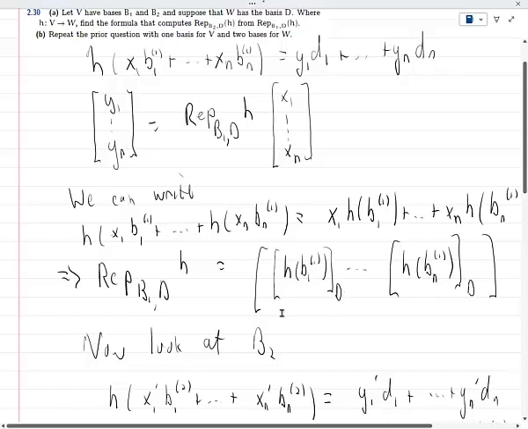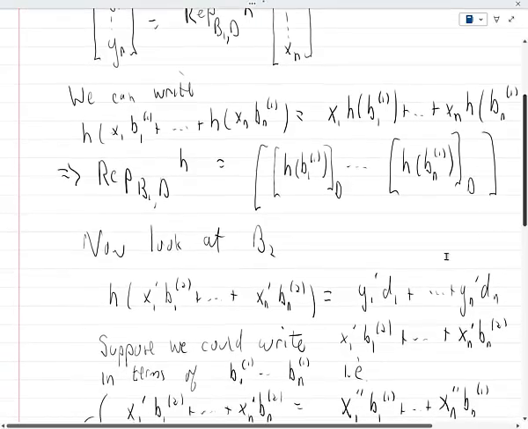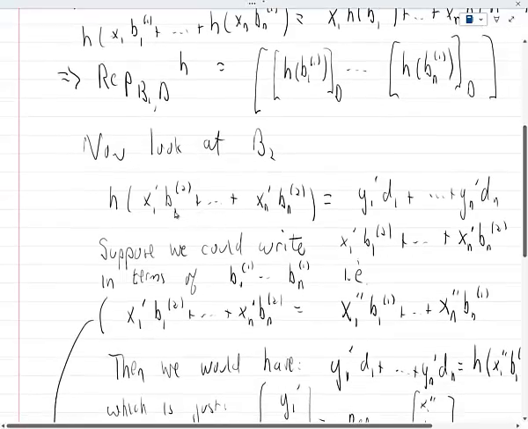All right. So now let's look at B2. B2 is done the same way. If I want to take H of some linear combination of B2 basis vectors, I'm going to get some linear combination of D basis vectors. Now, suppose we could rewrite this combination of B2 basis vectors in terms of B1. Suppose I could translate from basis B2 to basis B1.